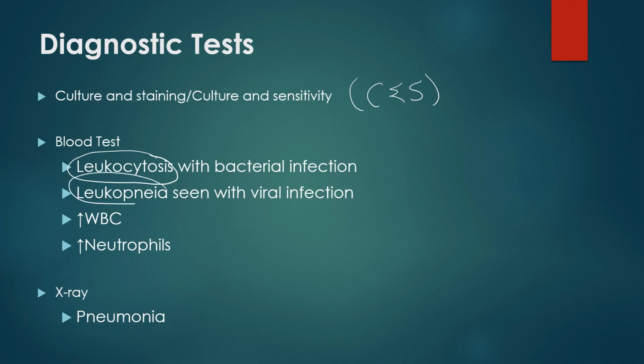We might actually see a decrease in white blood cells when it comes to viral infection, leukocytosis more so with bacterial infections, where we're seeing an increase in our white blood cell count, increase in neutrophil count, because as you remember from inflammation, the cellular response to inflammation, neutrophils are the first white blood cells to go to the site.